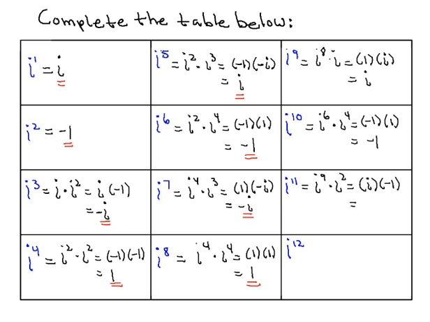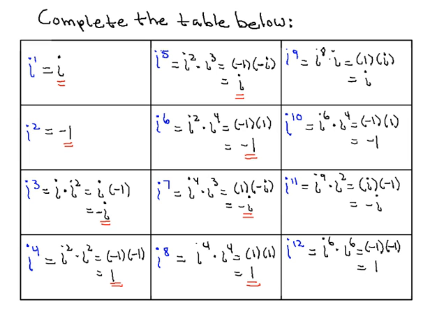So this product turns out to be then negative i. And finally, moving on to i to the 12th. Why don't we split that up into the product of i to the 6th and i to the 6th, which we know from the second column the value of each of those is negative 1, so then the product turns out to be positive 1.